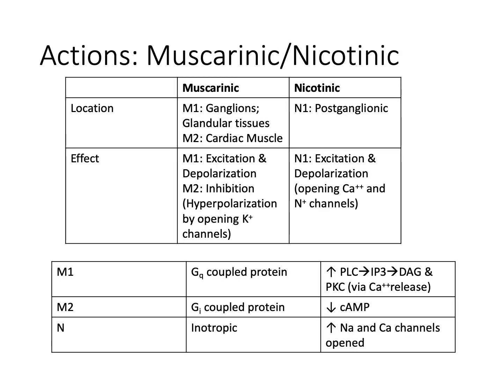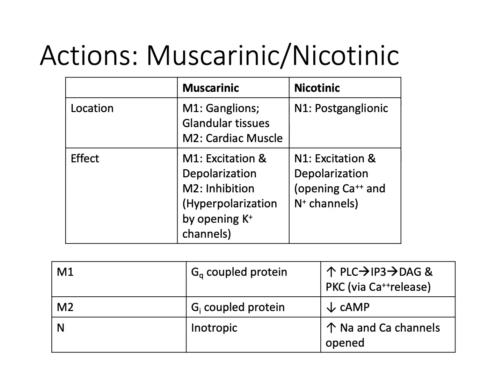So let's take a look at what we mean in terms of the responses that we see in terms of the muscarinic and the nicotinic cholinergic receptors. So for muscarinic receptors, we have two distinct types that we're going to be looking at, the M1 and M2. The M1s are going to be primarily an excitation receptor. These are going to lead to depolarization of the ganglion and secondary responses through the pathway.